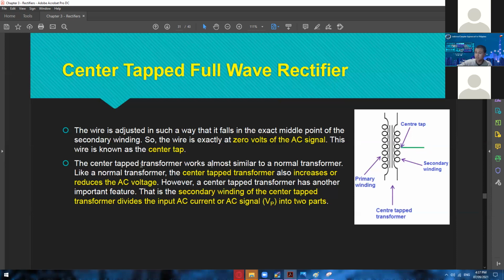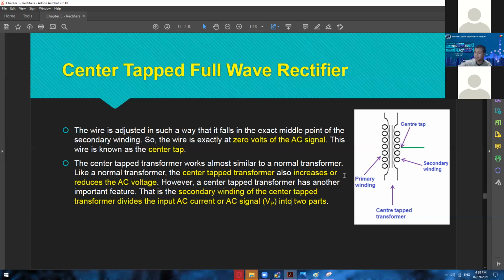The center tap transformer works almost similar to a normal transformer. Like a normal transformer, the center tap transformer also increases or reduces the AC voltage. However, a center tap transformer has another important feature: the secondary winding divides the input AC signal VP into two parts.